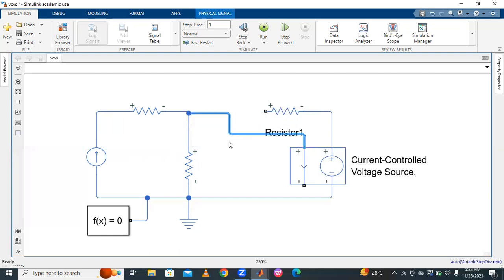In this way, the current enters into this current controlled current source and leaves and enters into the same resistor. The direction must be the same. In this way, we have to connect.